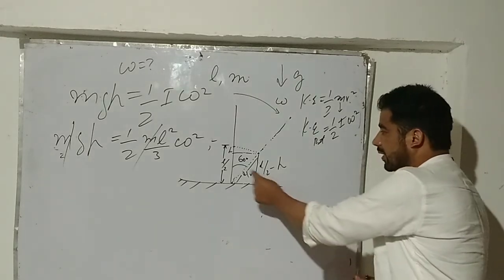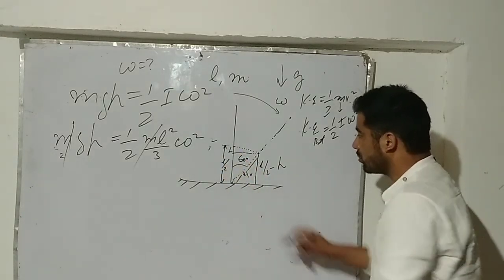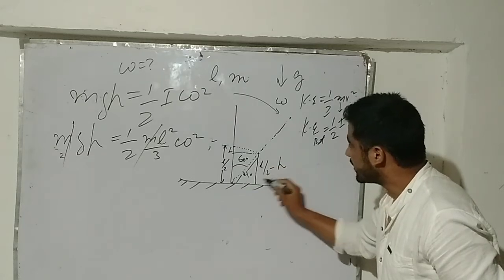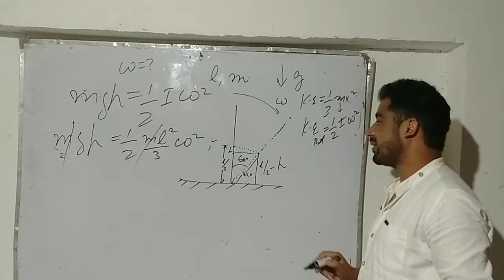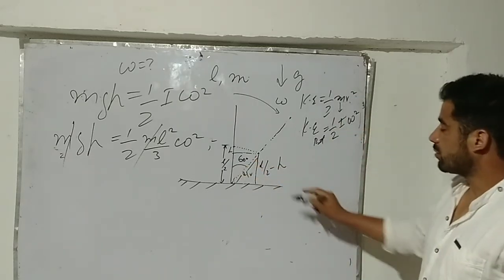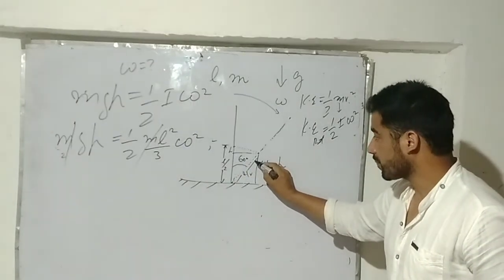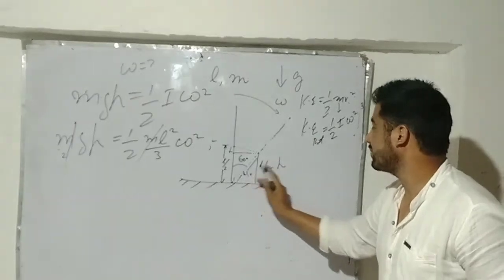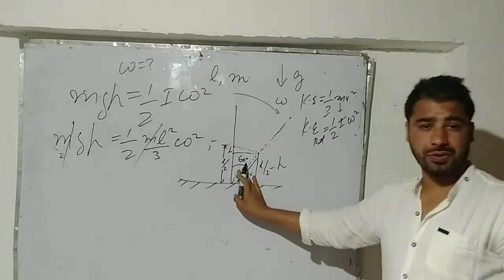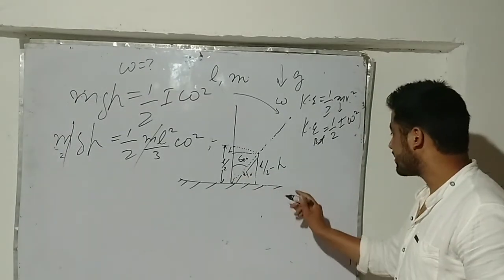So I can calculate this. From here to there, this is L/2. If this is L/2 minus h, this will also be L/2 minus h, and this is L/2. I can use a geometrical argument, nothing else.